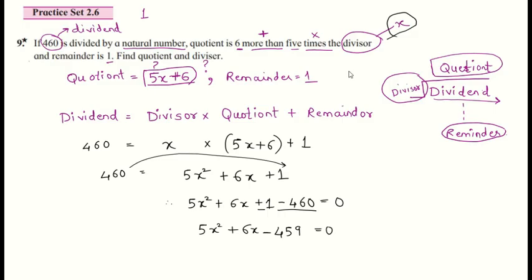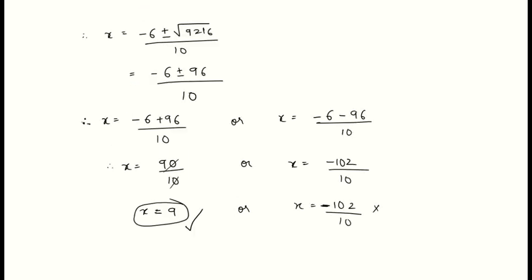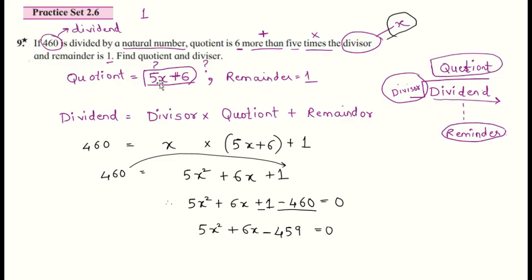What is x? x is the divisor. Therefore divisor is equal to x which is 9. We got the value of x as 9. And what else is given? Find the value of quotient and divisor. Divisor we already got as 9. What is quotient? 5x plus 6.